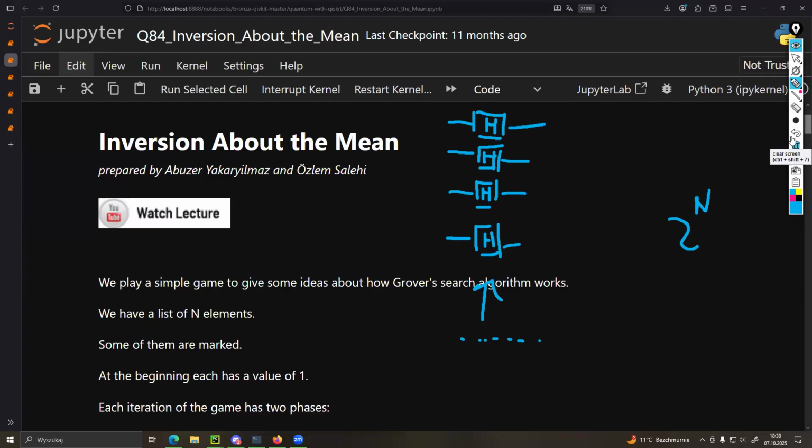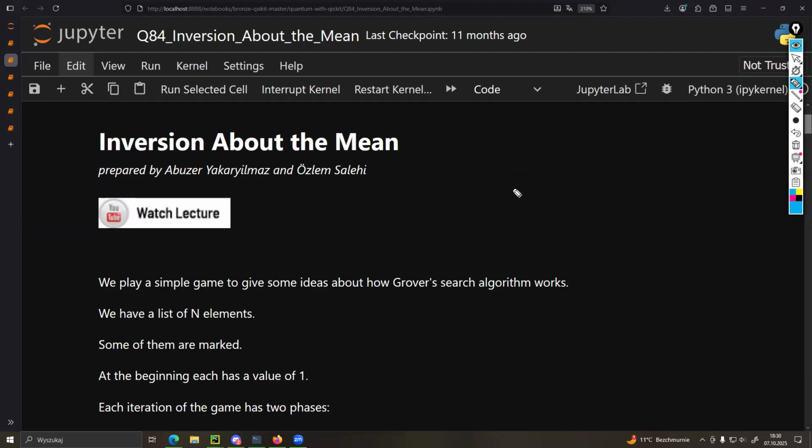And what do we actually do with this? How do we go about searching in this space? We cannot really sort this in a regular way, but what people have found is that after applying some operations, you can boost the chance of finding your wanted element while lowering the rest.